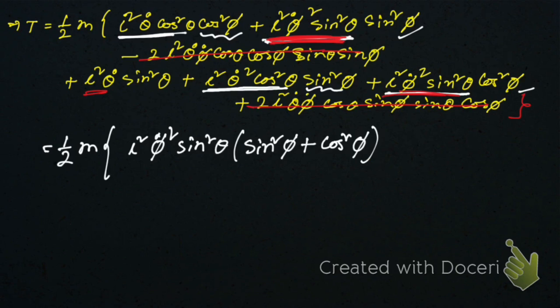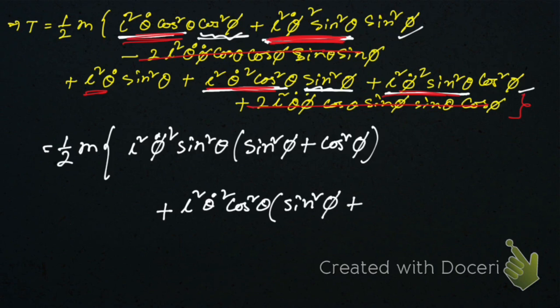then plus, from these two terms, what we can write is L square theta dot square cos square theta, and within the bracket, let me write this one below, you must have sin square phi plus cos square phi, which is also going to be 1, right?